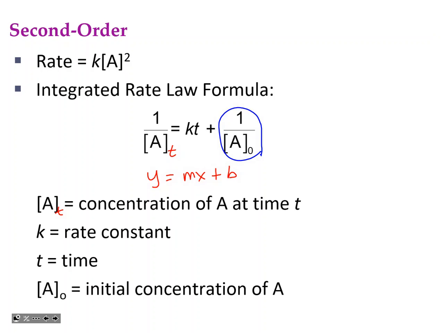And like I said, either they tell you in the problem that it's second order, or they give you the 3 graphs, and the one with the linear relationship, that's how you pick out which particular formula to use.